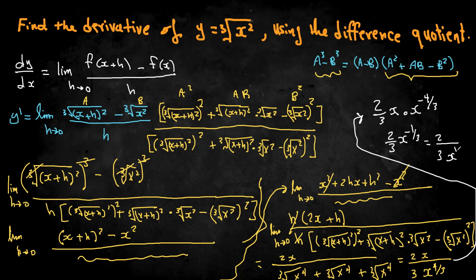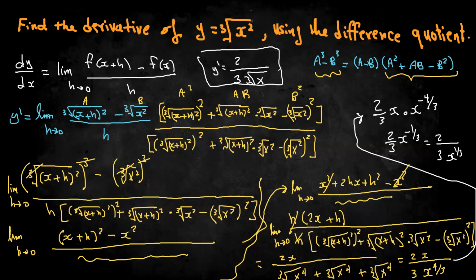It becomes x to the 1/3. And that's basically your final answer. And we could just write the final answer right here. It's y prime equal 2/3, the cube root of x. And that's your final answer, basically.